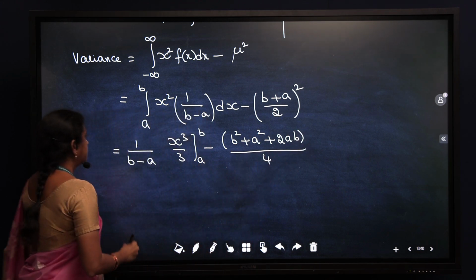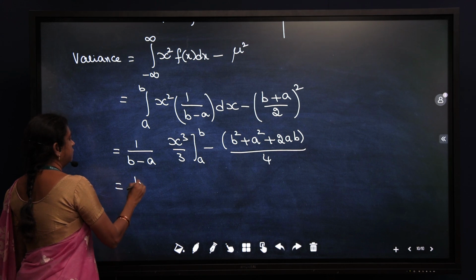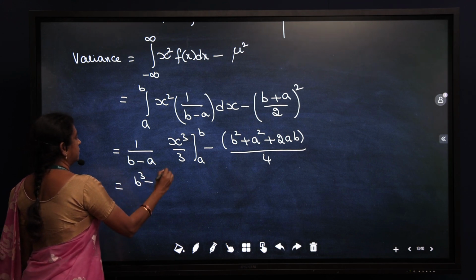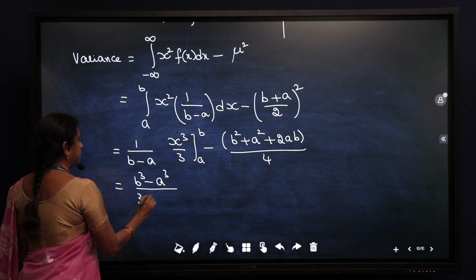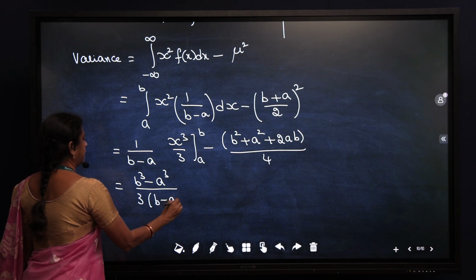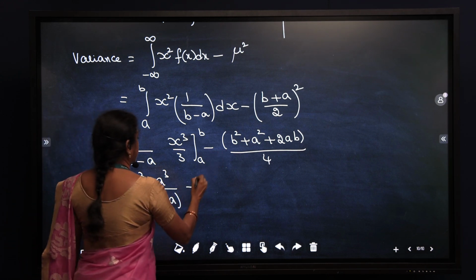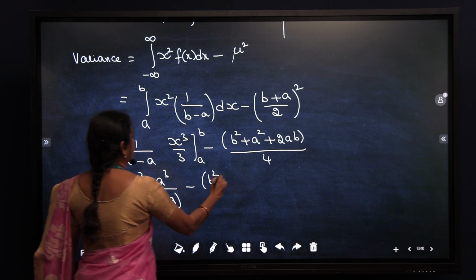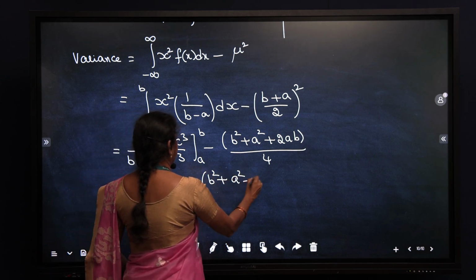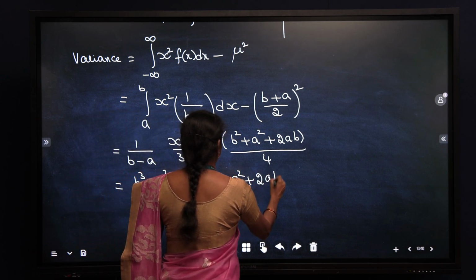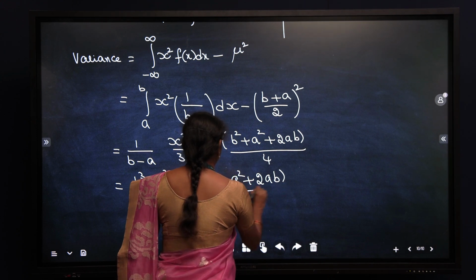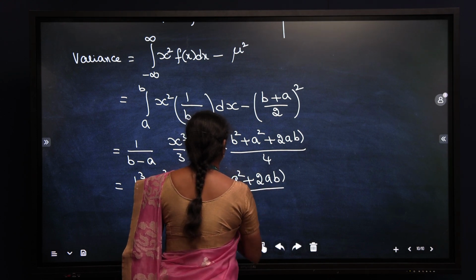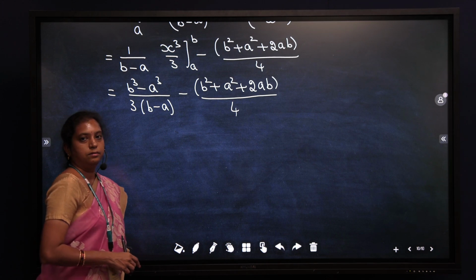Substituting the limits, we'll have b cube minus a cube by 3 into b minus a, minus b square plus a square plus 2ab by 4. Now we'll solve this.